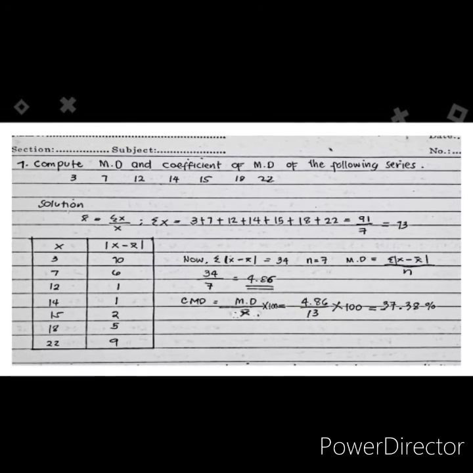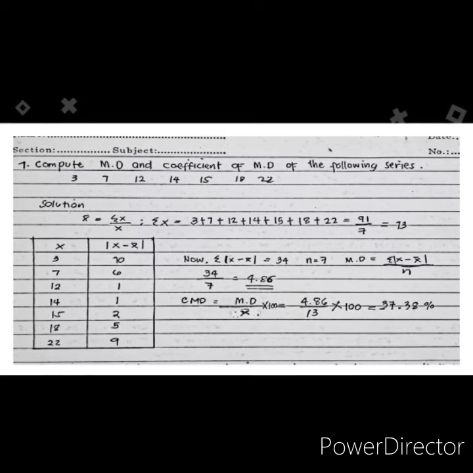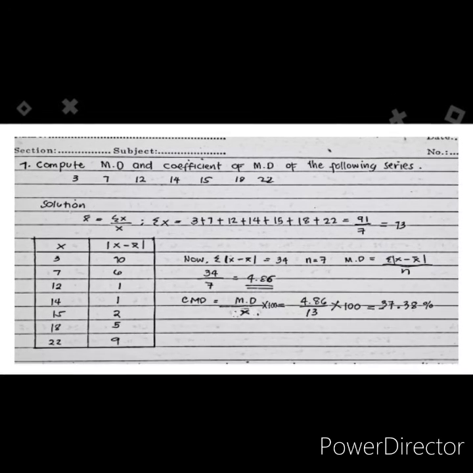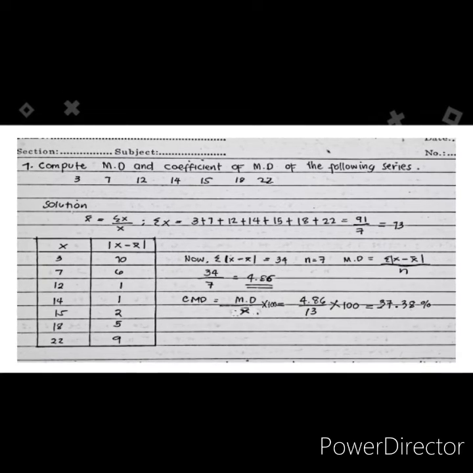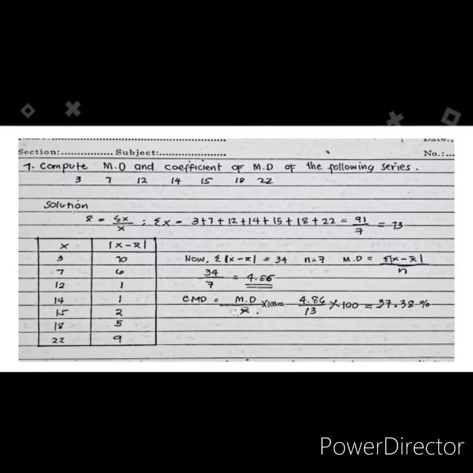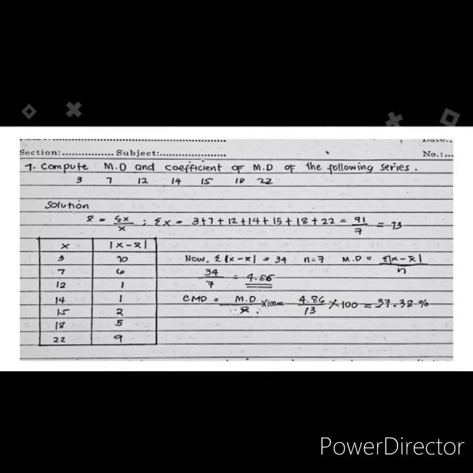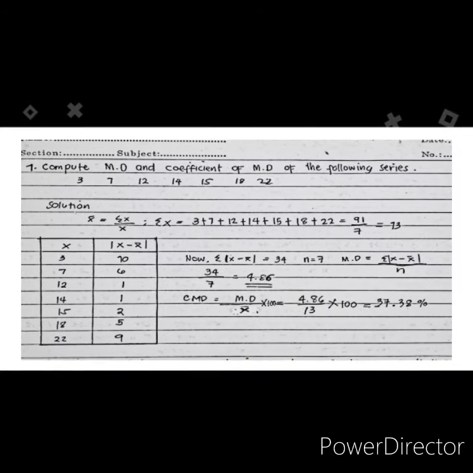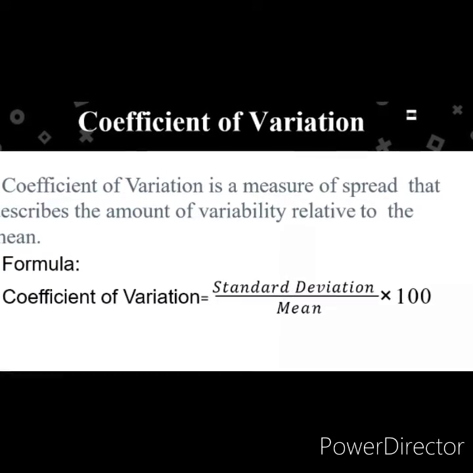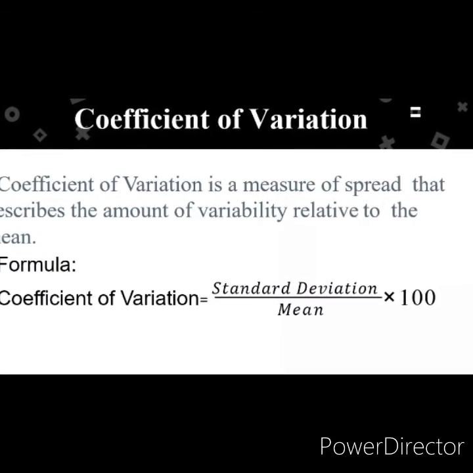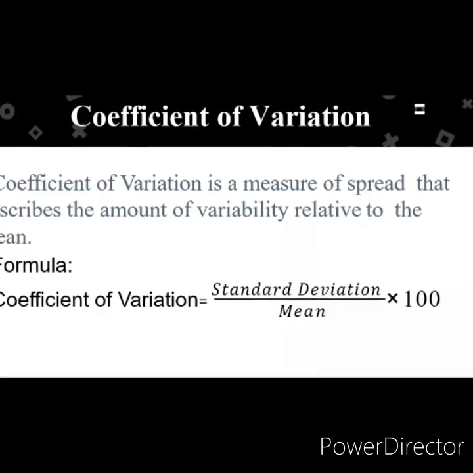For finding the coefficient of mean deviation, we have MD over mean times 100. Substitute, so we have 4.86 over 13 times 100, and the answer is 37.38%.